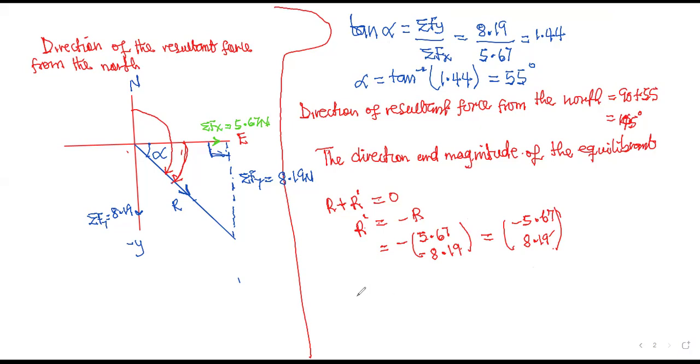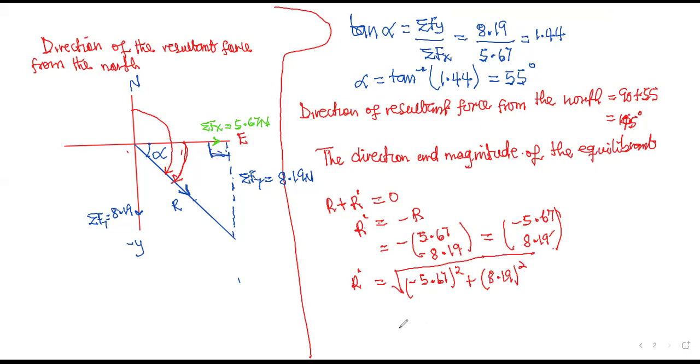Therefore, the equilibrant R prime will be equal to the square root of its x component, minus 5.67, all squared, plus the square of 8.19.